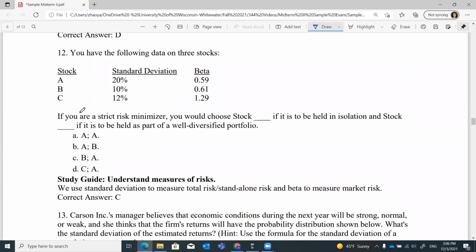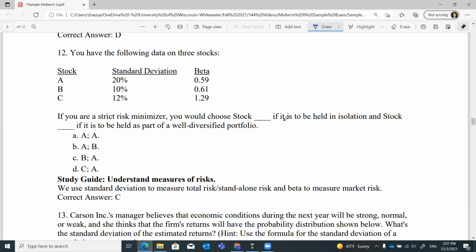Question 12. You have the following data on 3 stocks, Stock A, B, and C. The information on standard deviation and beta are given. If you are a strict risk minimizer, you would choose which one if you held this stock in isolation?